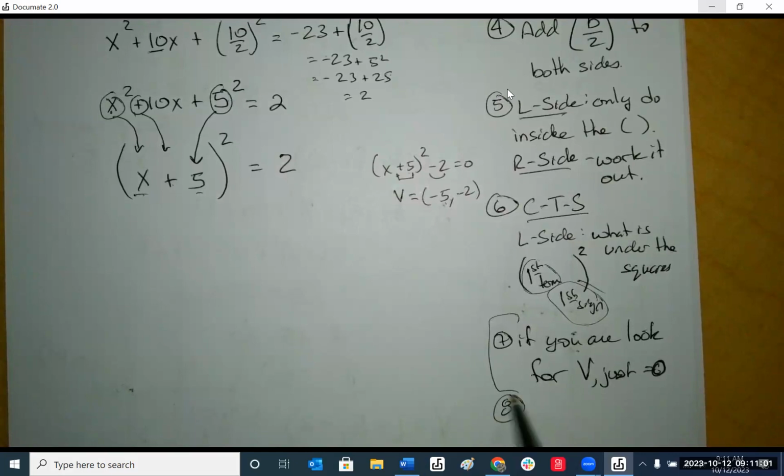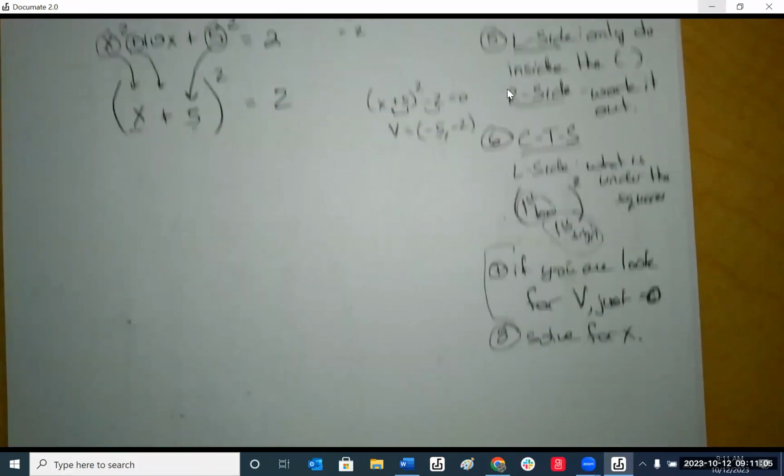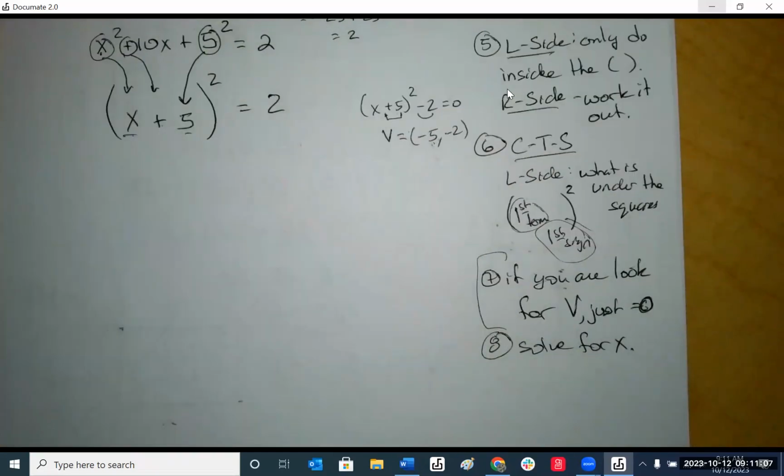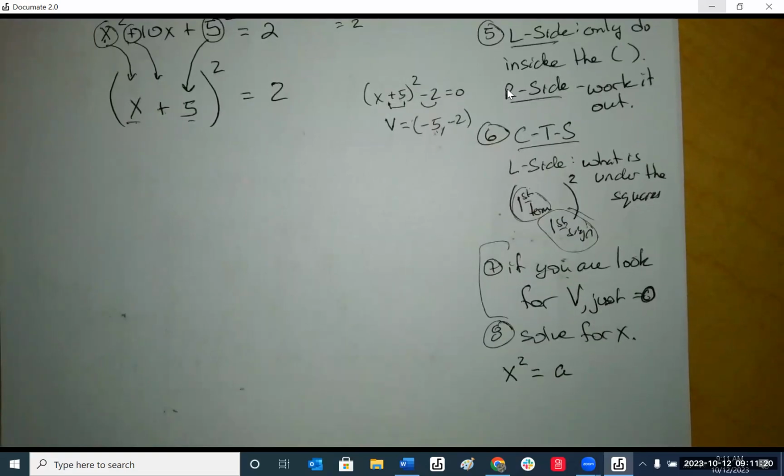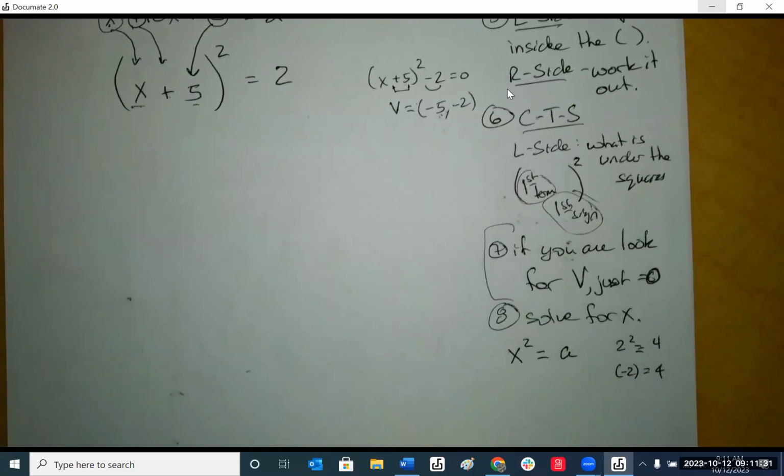Now, solve for x. From this point on, solve for x. Here's a very important note. If I have anything squared equals a number, for example, 2 squared equals 4, negative 2 squared also equals 4, right?